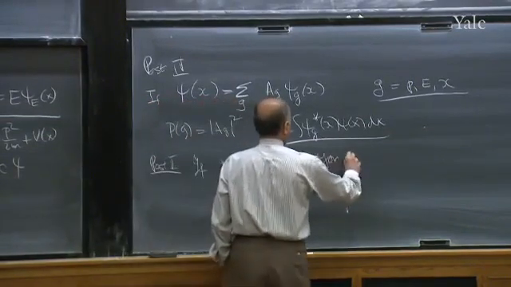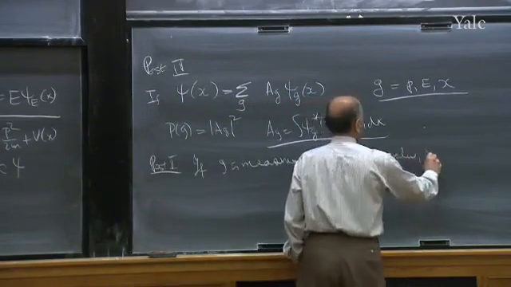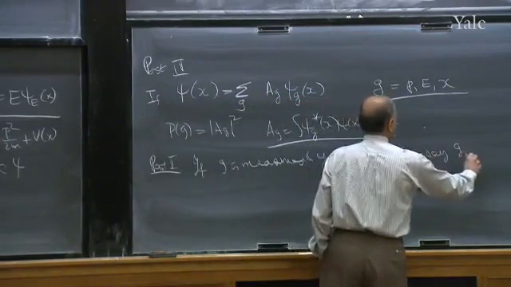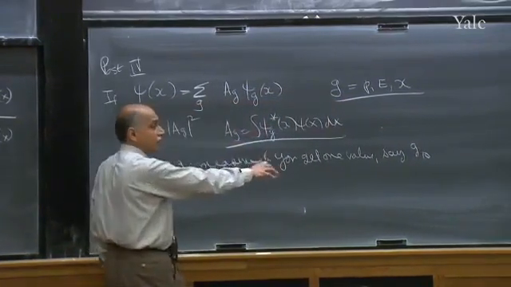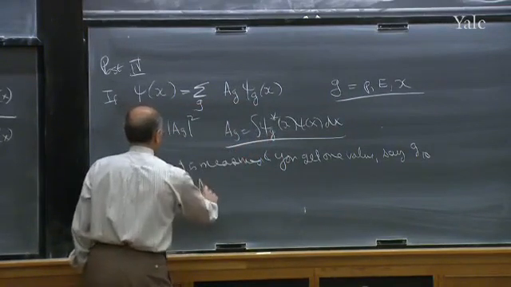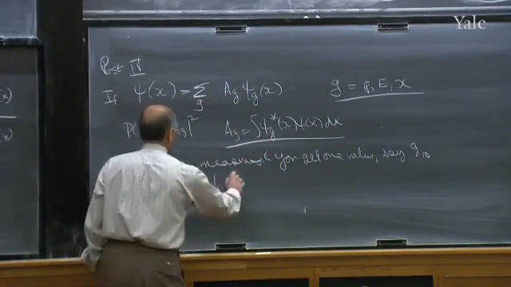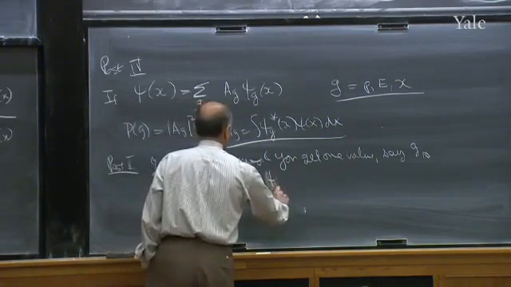and you get one value, say g sub 10, this is a postulate, you don't have to write g sub 10, you can say one particular value, then the sum over g of a sub g psi sub g collapses to one term, just psi sub g naught.